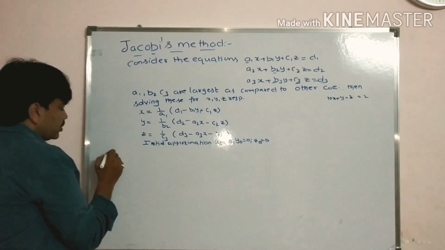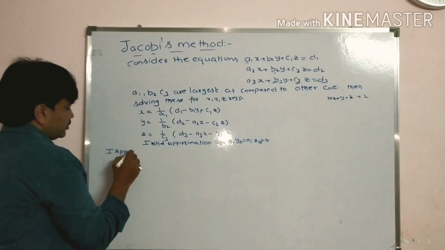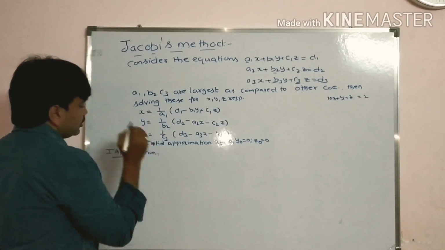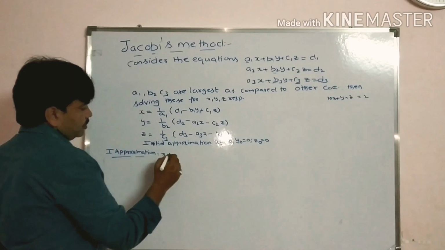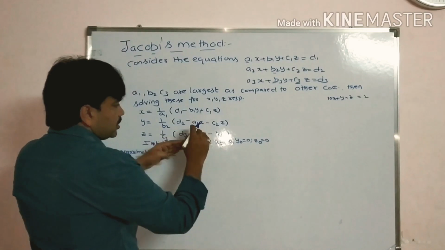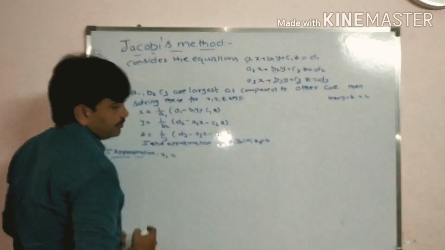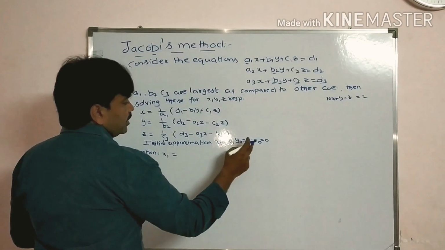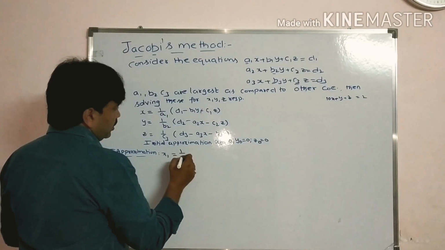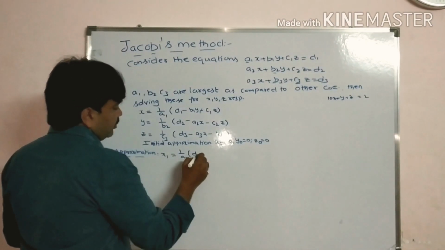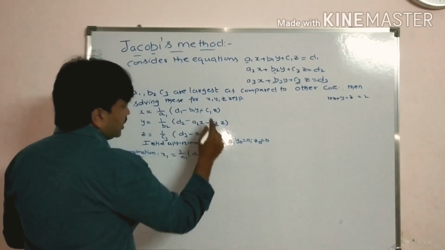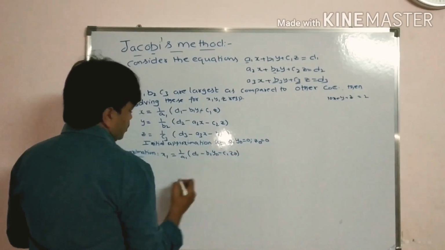Now you go to the first approximation. What is the first approximation here? x1 is equal to 1 by a1 into d1 minus b1 y naught minus c1 z naught, writing x naught, y naught and z naught in place of x, y, z respectively on the right hand side.